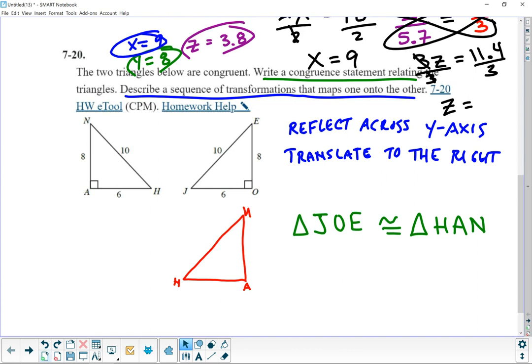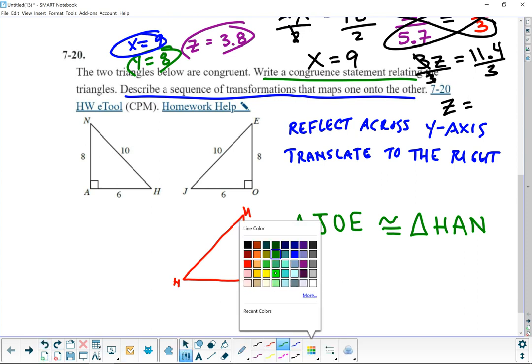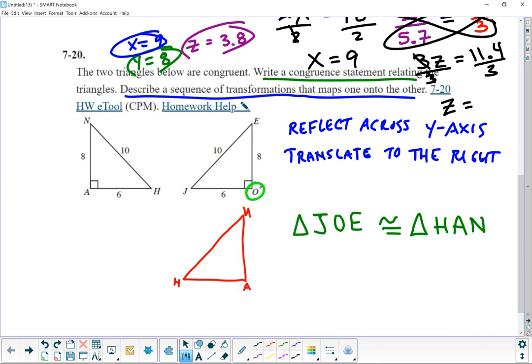Another example, we'll do one more. I'll use dark or light green. I could have done angle O to J to E. So I could say triangle O-J-E.